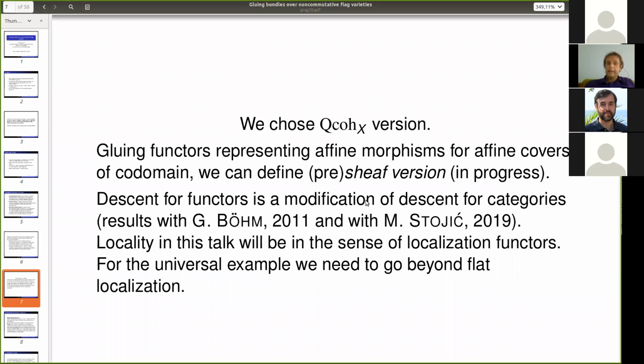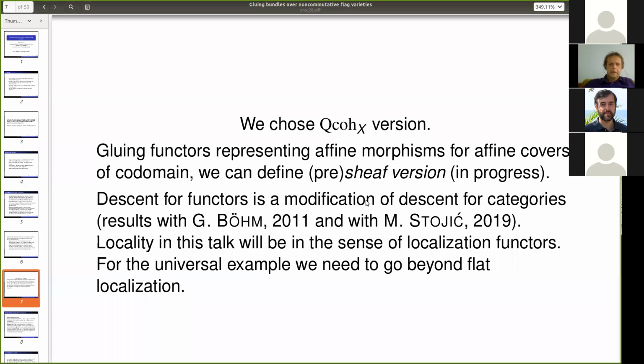This gluing can be done by transferring a kind of descent in this kind of geometry with categories into functors. So we cannot glue only categories, we can also glue these pre-sheaves basically by the same technique of descent.